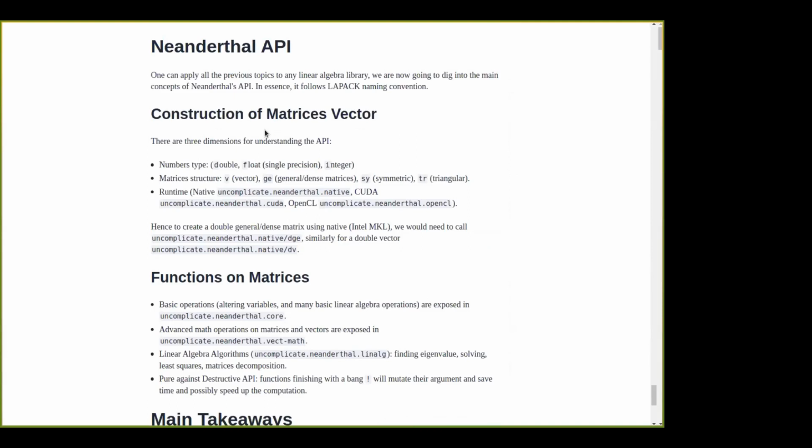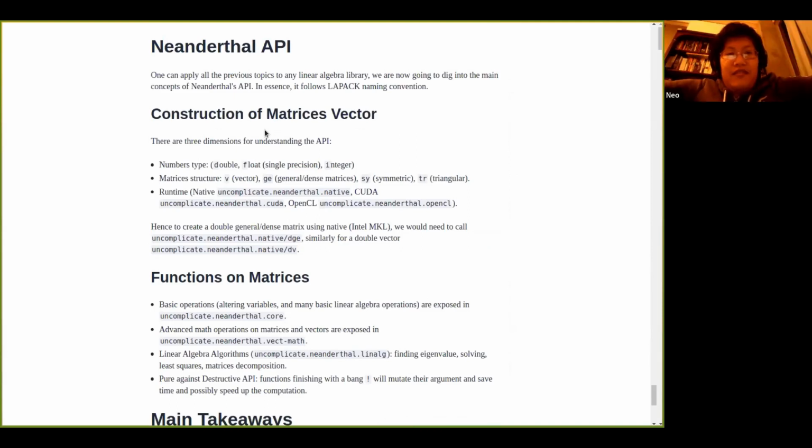Neanderthal follows the LAPACK naming convention quite well, meaning that to understand how you construct objects in the API, you need to understand the type of the content of your object, which is either a double, a float, or an integer. Then what kind of matrix structure you have: either a vector, or general dense matrices, symmetric matrices, or triangular matrices. Neanderthal has many other types, but for our purpose here we're going to use the vector and the general dense matrices.